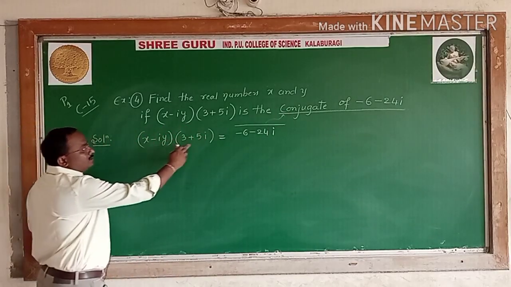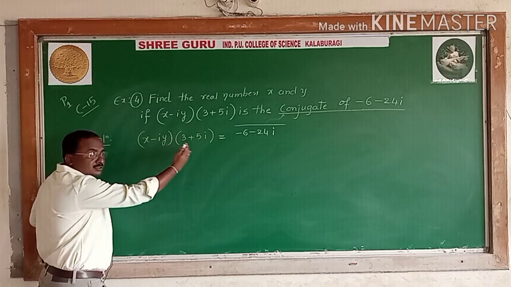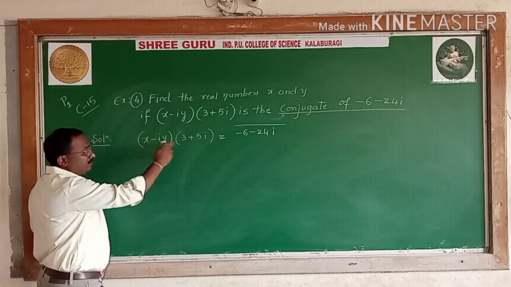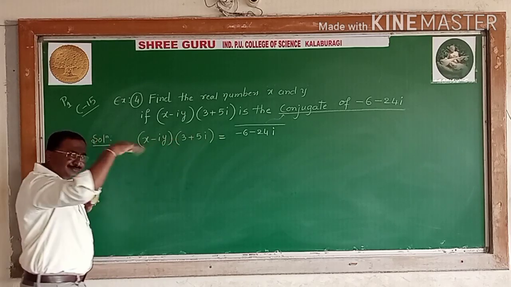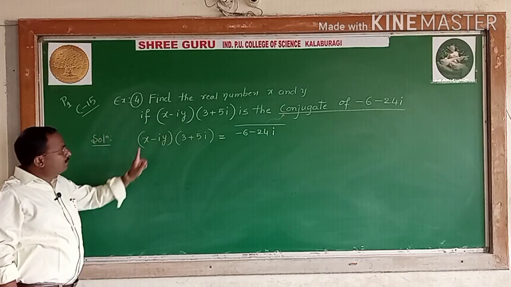Simplify this one. Separate the real part and the imaginary part; the product of two complex numbers is again a complex number.